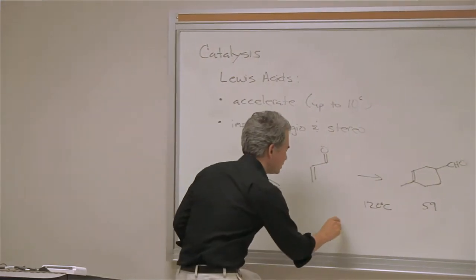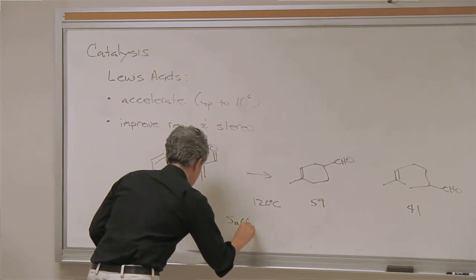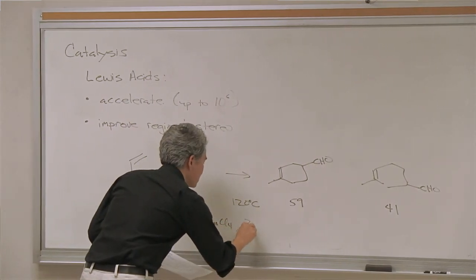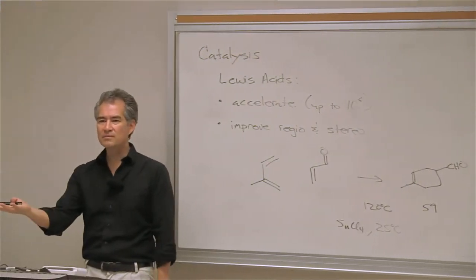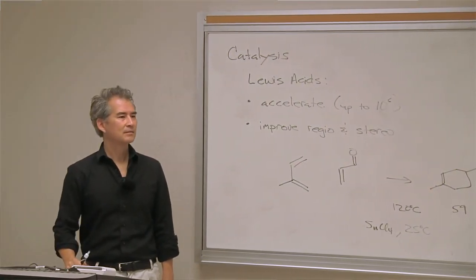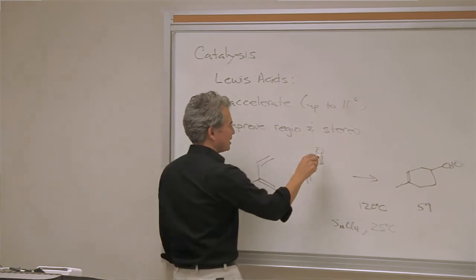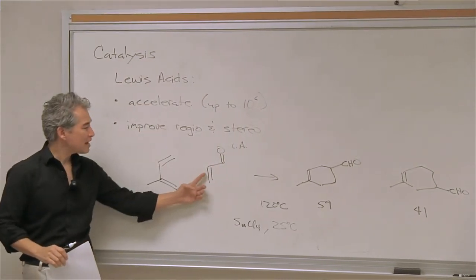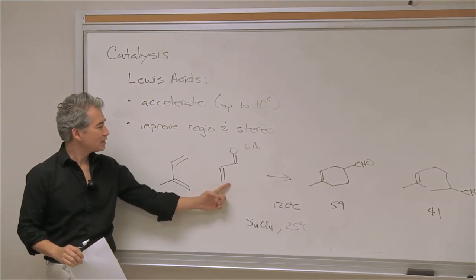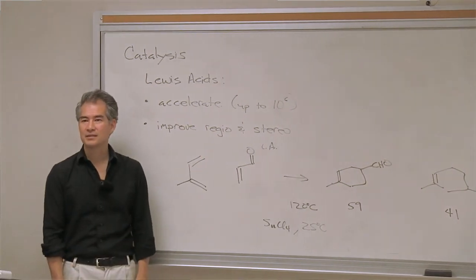But if we simply throw in a Lewis acid, now the reaction goes at lower temperature. Now you don't have to heat the reaction. You just throw in stannic tetrachloride. And that coordinates, of course, here to the carbonyl. Any arguments you were making about why you want to attack here with nucleophiles are now more powerful arguments.